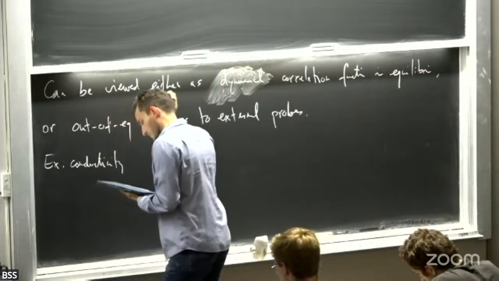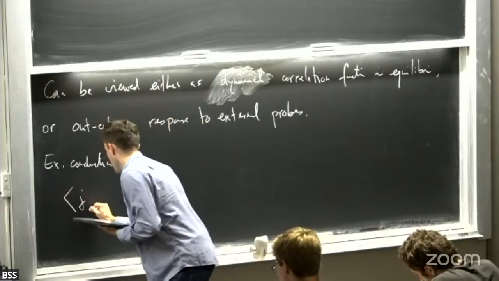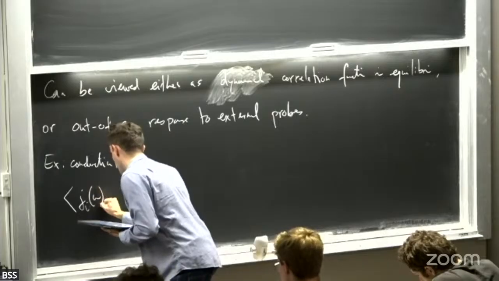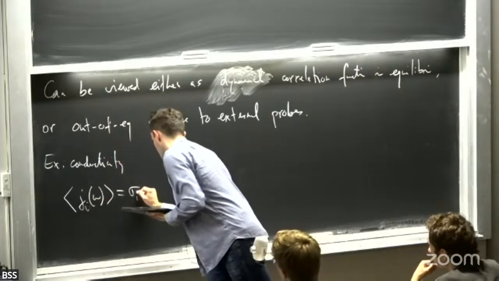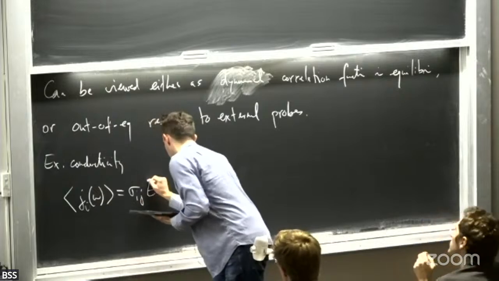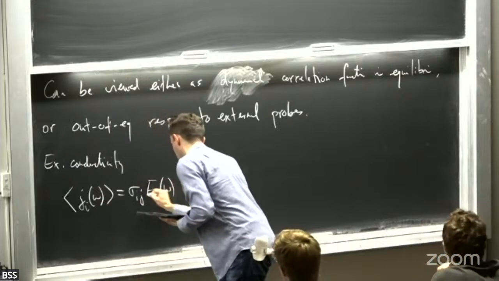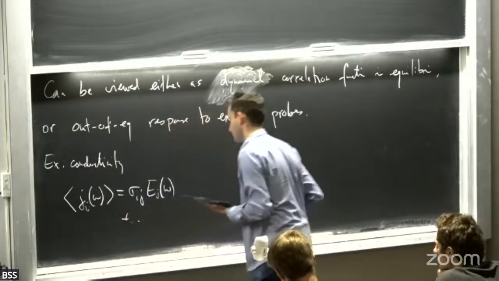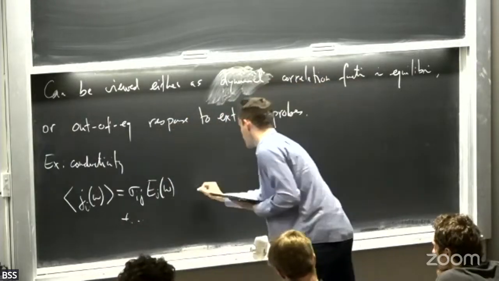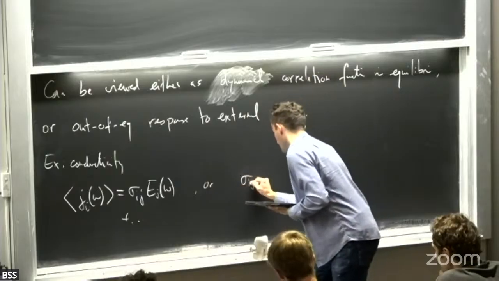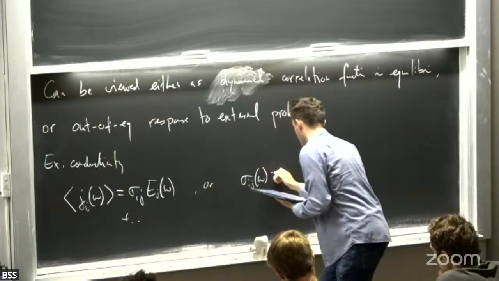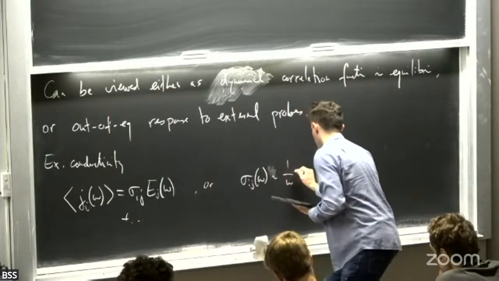Let's say the optical conductivity, which you could either view as a slightly out of equilibrium response of the current in the presence of electric fields. So the leading linear response would look like this. You would have other nonlinear response that you heard about. Or you could also view the conductivity as an equilibrium property that measures current fluctuations in the thermal states.